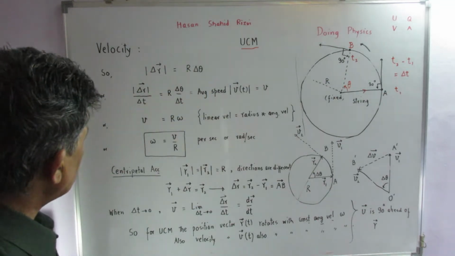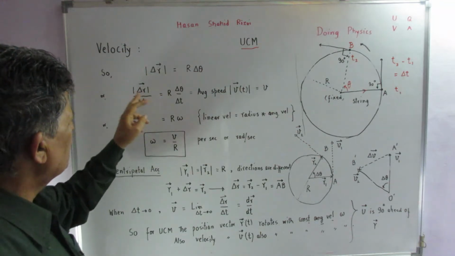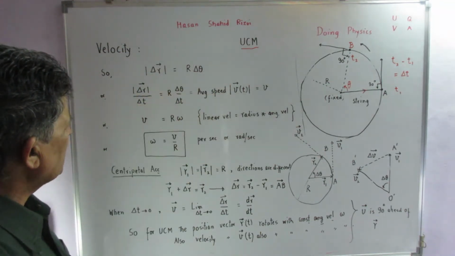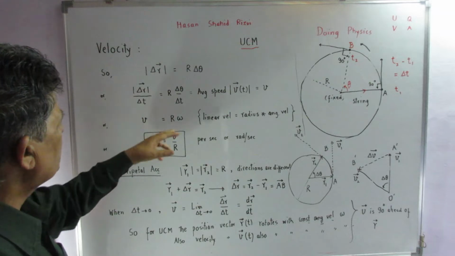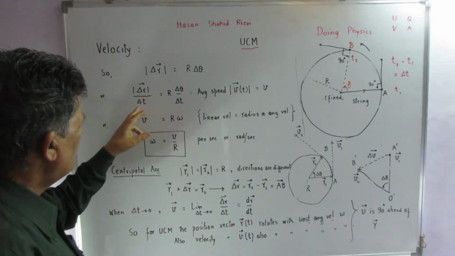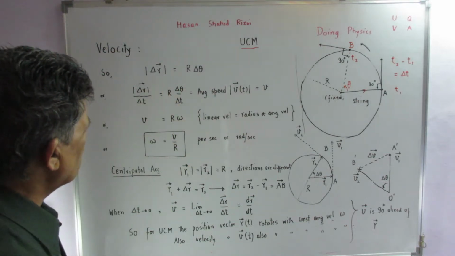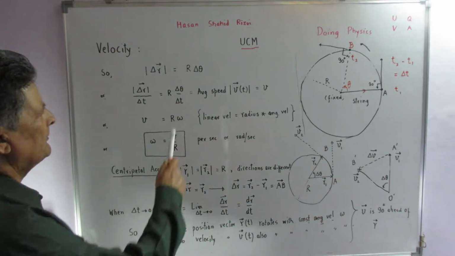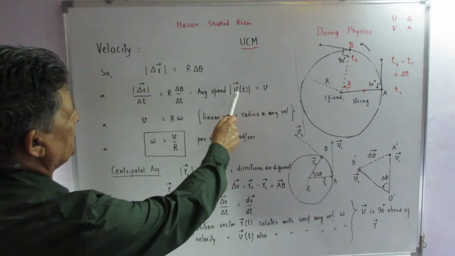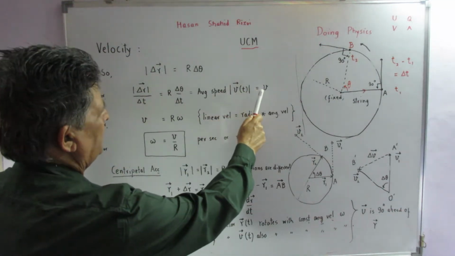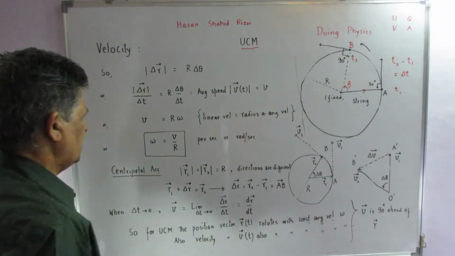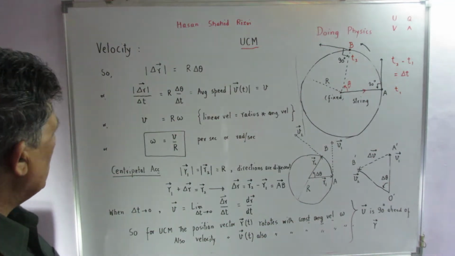Now if I divide this delta r by delta t, and the right hand side also by delta t, what we will get is delta r upon delta t is equal to r delta theta upon delta t, which is defined as the average speed v.